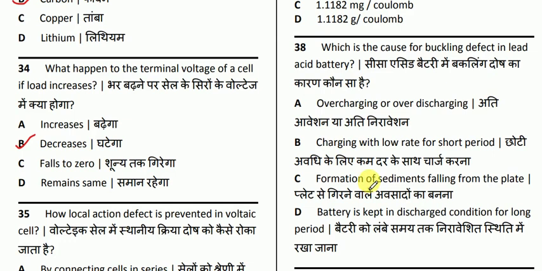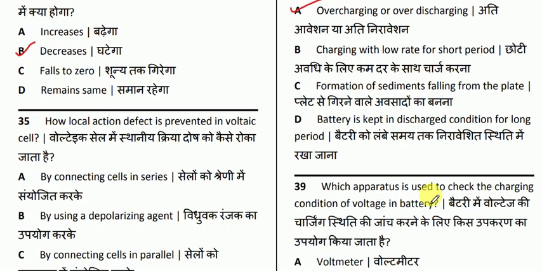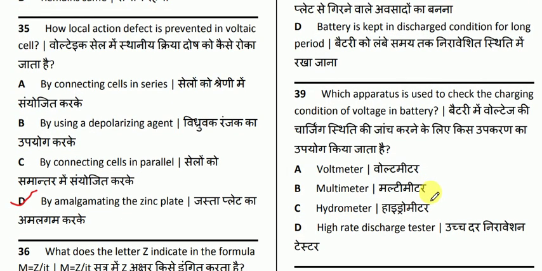And next question. Which is the cause of the buckling defect in a lead acid battery? The correct option is A, meaning overcharging or over discharging. Coming to the next question. Which apparatus is used to check the charging condition of voltage in a battery?